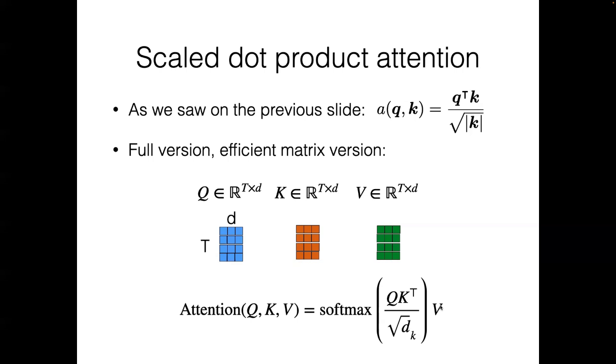If you haven't seen this before, you might have to step through code and convince yourself about this formula. The basic idea is it's an efficient way of computing these attention scores and then taking the weighted sum of the values. You'll see this again if you read through the Transformers paper, since this is the way that they present it.